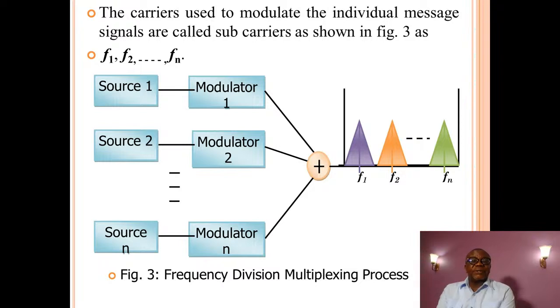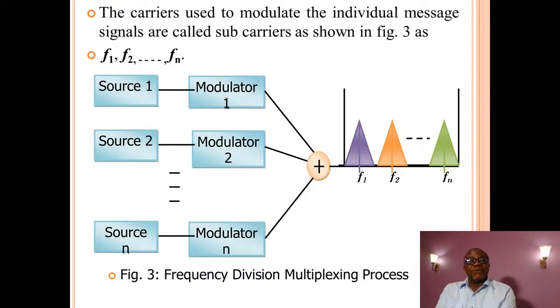If you look at figure 3, we have source 1. Source 1 has a frequency of F1. Source 2 has a frequency of F2, and so on until you get to source N, which also has a frequency Fn. So the frequencies are different.